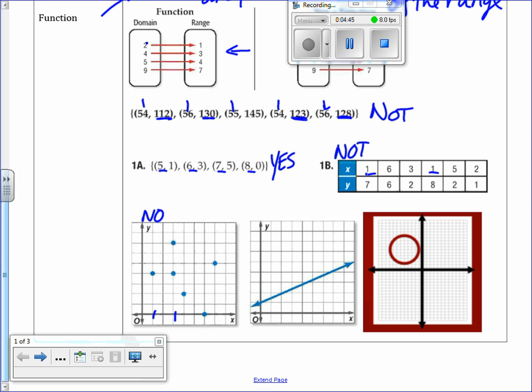Here, all of my x values, looking across, only have one y value to match it. So yes, that is a function. This circle, if you look, my x values, excuse me, are matched with two y values. So no, that is not a function.